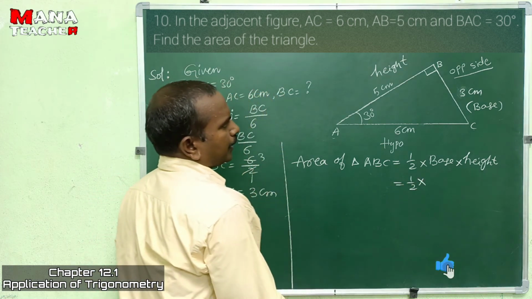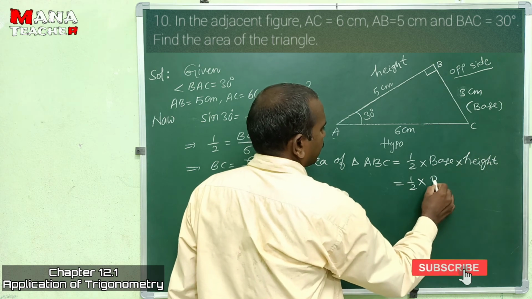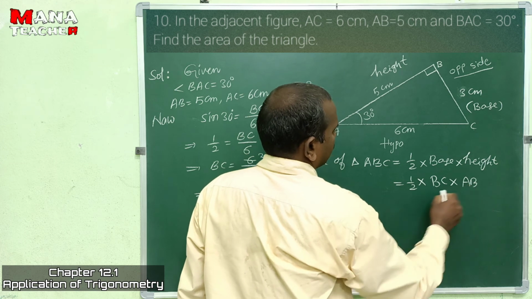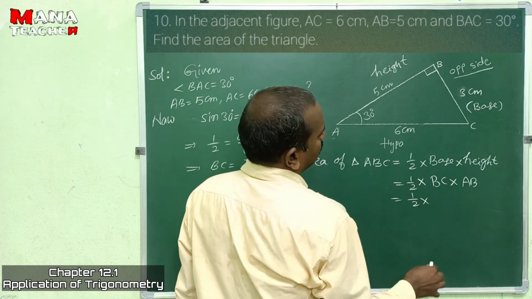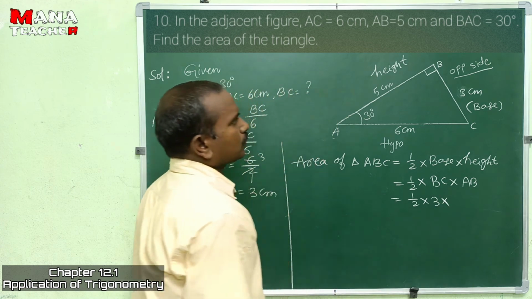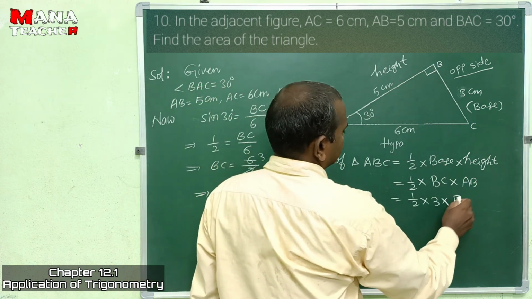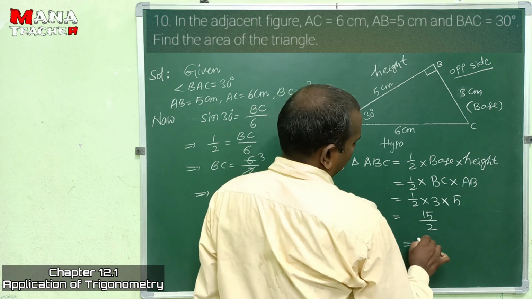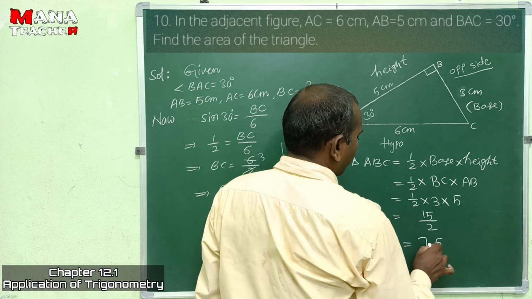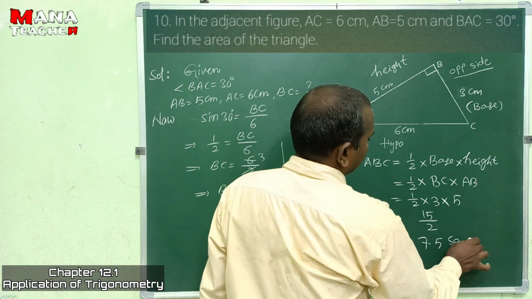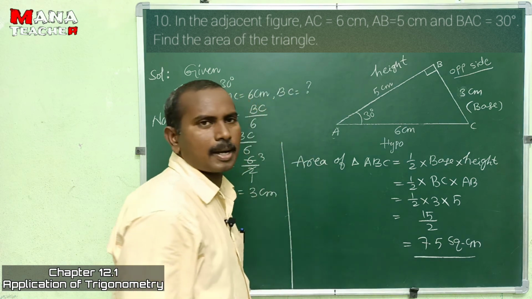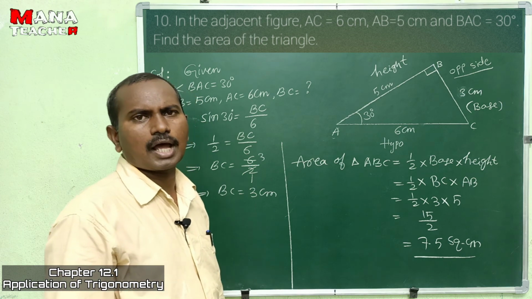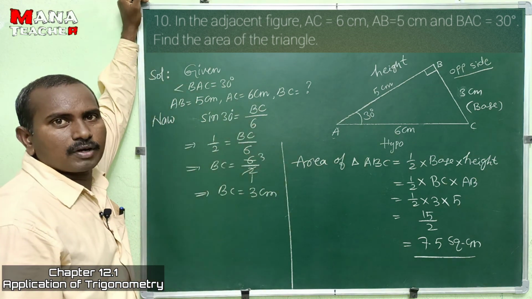Half into base BC into height AB. Now substitute the values. Half into BC 3 into AB 5, that equals 15 by 2, or 7.5 square centimeters. So this is the area of triangle ABC. So this is the last problem in the 12.1 exercise.